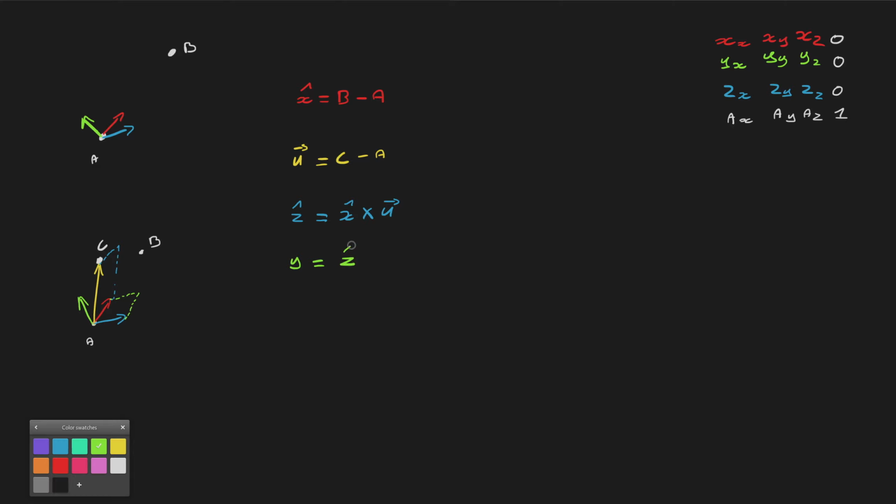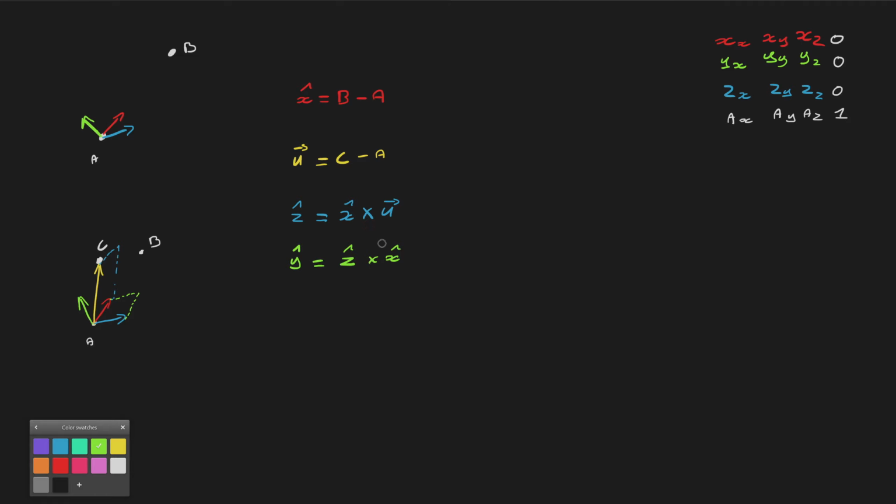And this is z cross x. Right, so the normal to the plane that goes through z and x. And again, we want that normalized. So that's pretty much it.